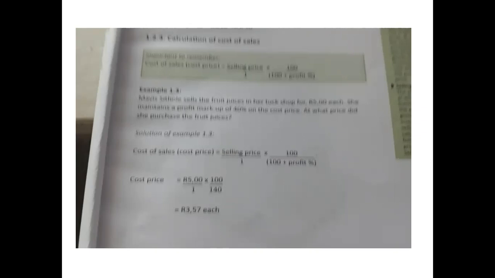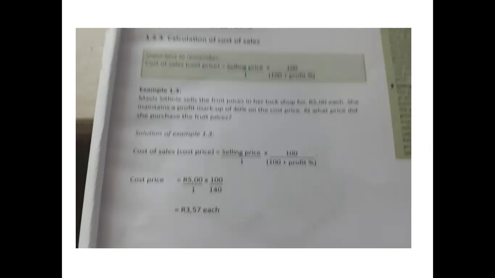Now, here are some formulas that you need to remember. The formula to calculate the cost price: you're going to take the selling price, that means the 5 rand, and multiply it by 100 divided by 100 plus the profit percentage. I'm going to repeat that one.